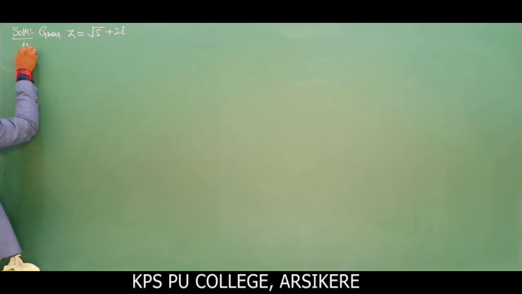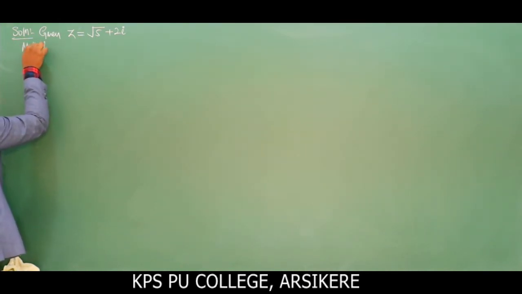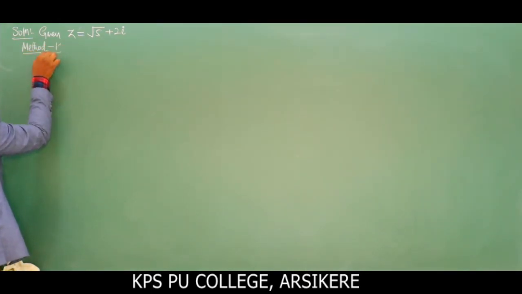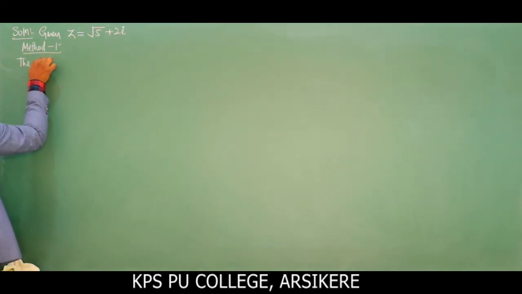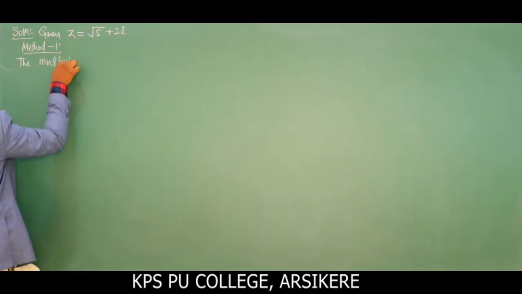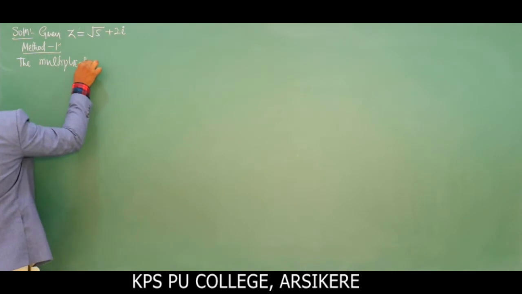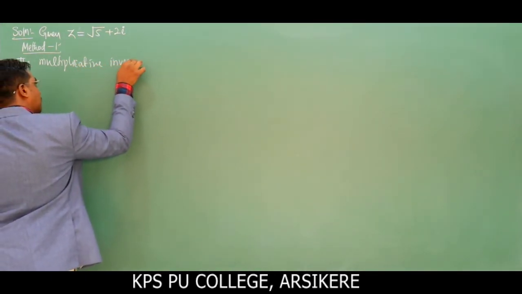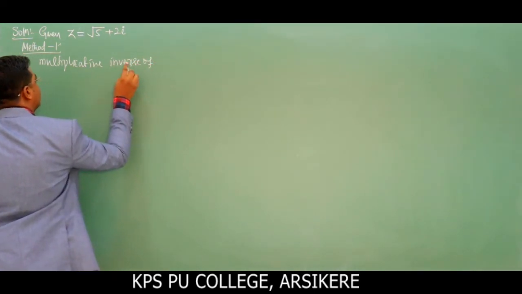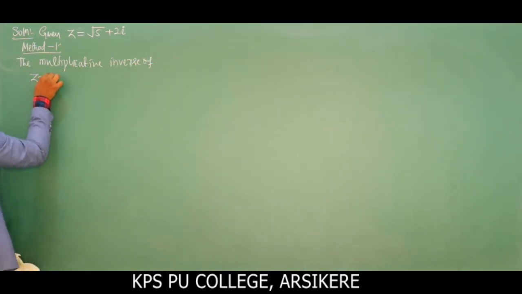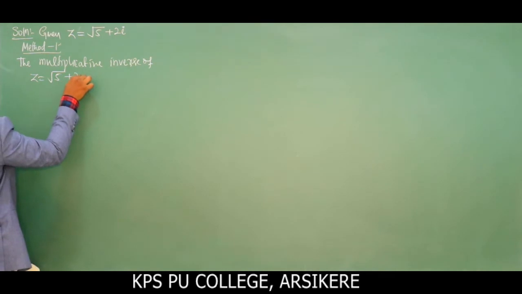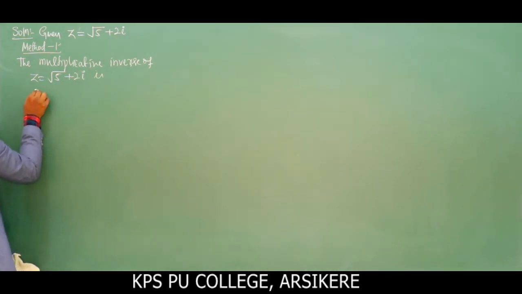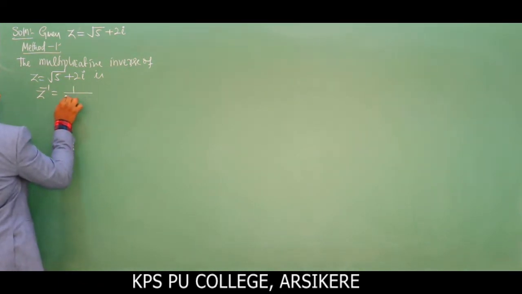Method 1, the multiplicative inverse or inverse of z is equal to root 5 plus 2i is z inverse is equal to what? 1 divided by z.